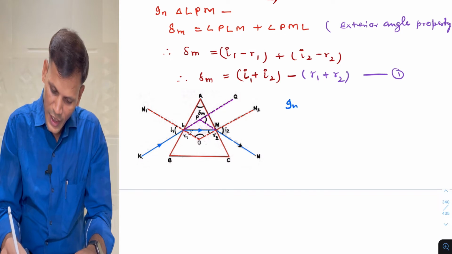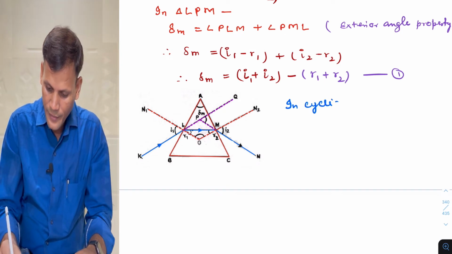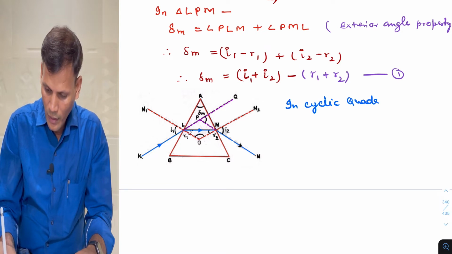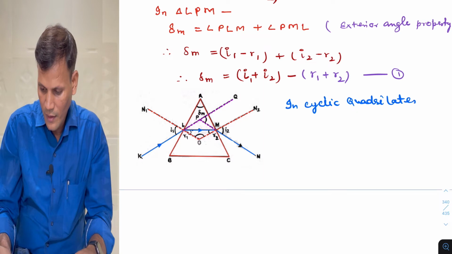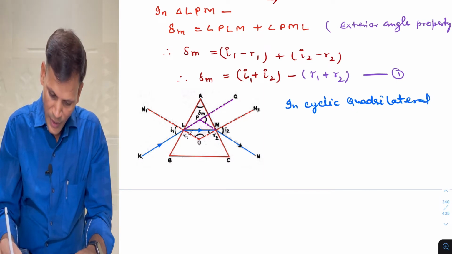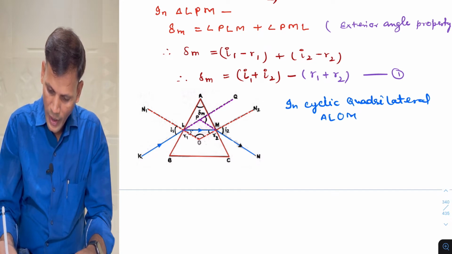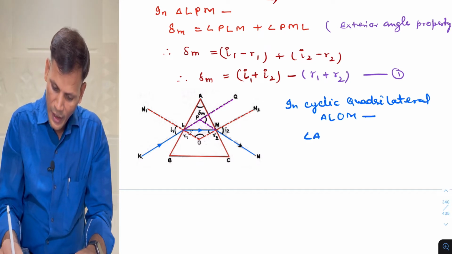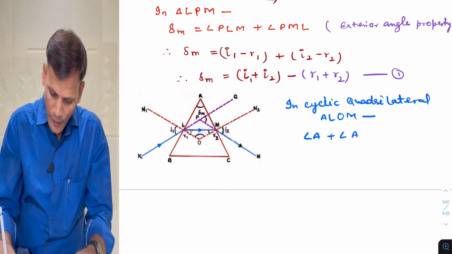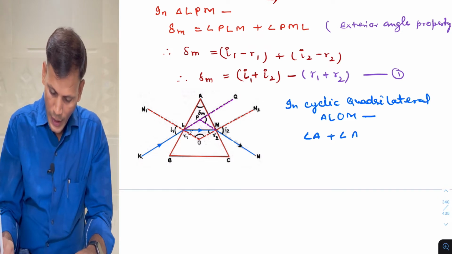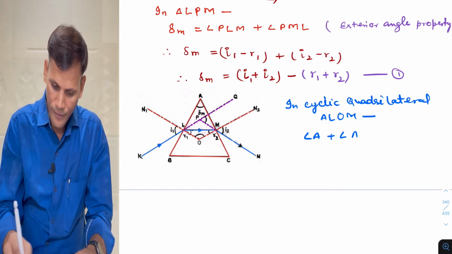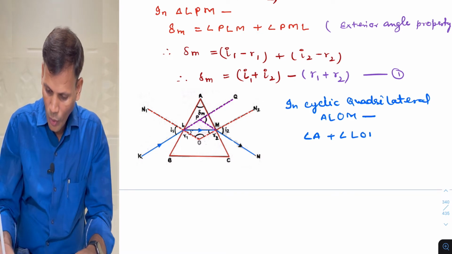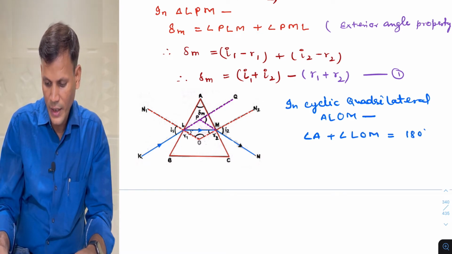So I will write, in cyclic quadrilateral ALOM, angle A plus angle LOM is 180 degrees.